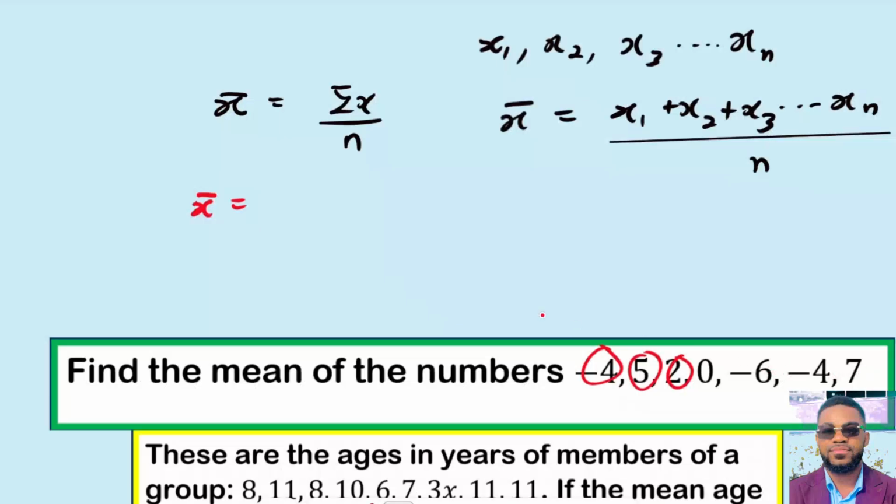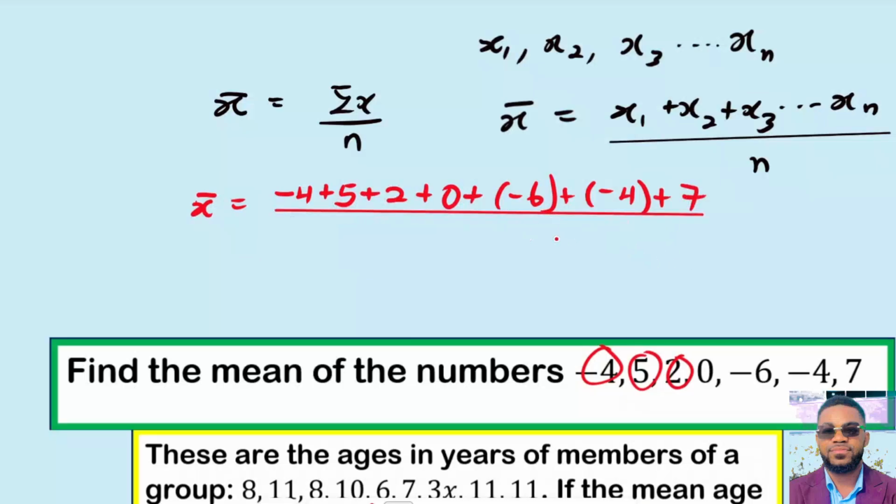So the sum is negative 4 plus 5 plus 2 plus 0 plus negative 6 plus negative 4 plus 7, all divided by n, the number of items. Let's check: 1, 2, 3, 4, 5, 6, 7. So we have 7 items. The next thing is to add and divide by 7.